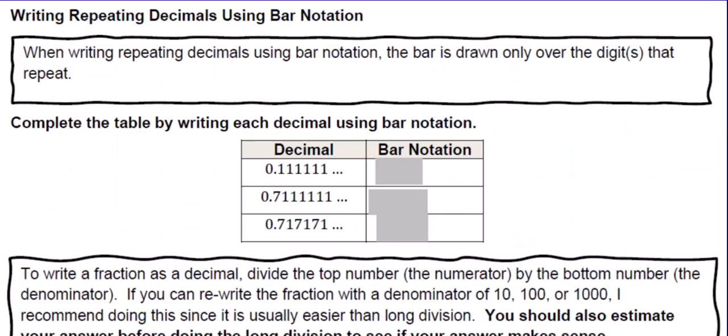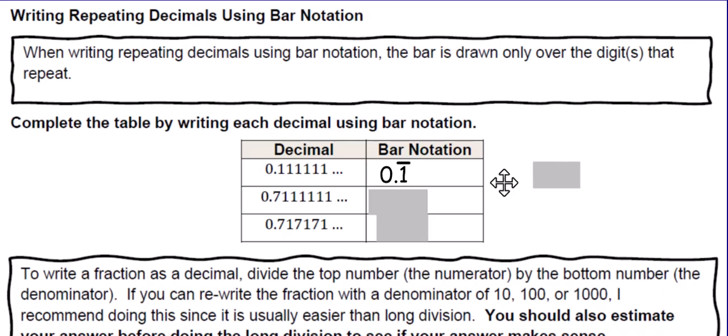All right, down towards the bottom part of that page, let's talk a little bit about writing repeating decimals using bar notation. So when writing repeating decimals using bar notation, the bar is drawn only over the digit or digits that repeat. So we're going to complete this table by writing each decimal using bar notation. So 0.11111, etc. If we write it using bar notation, that would be 0.1 with a bar over the 1 since that 1 repeats.